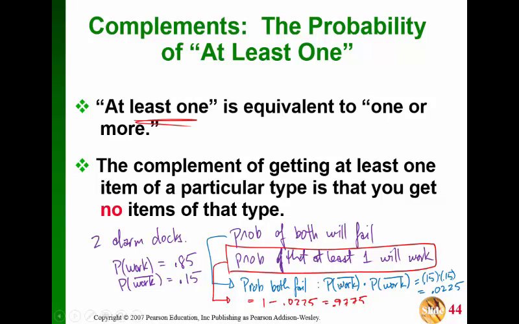So if you have two alarm clocks and each has an 85% chance of working, then you have a 0.9775 chance of being woken up by one or both of those alarm clocks. So that's a good probability. Okay?